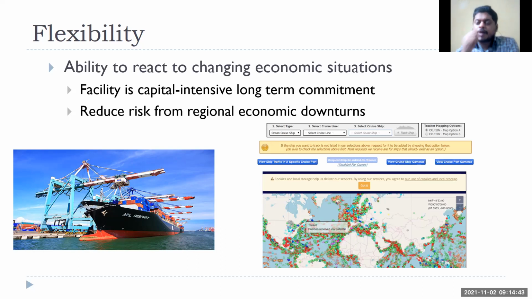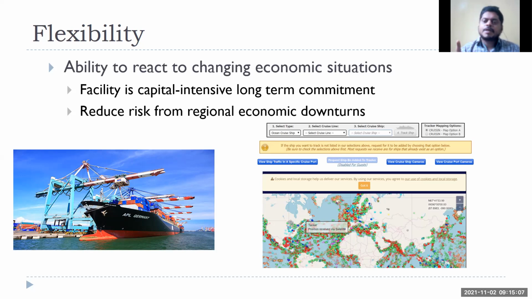So if you are in the ship maintenance and repair industry, how are you planning for that? Do you have an alternate location? Because if you are only locating in Mumbai, or only in Egypt, or only in Thailand or the Philippines, or let's say in Chennai, that might be a problem.